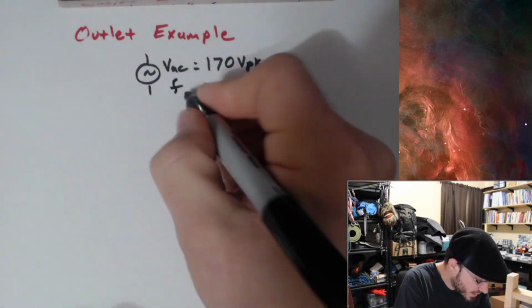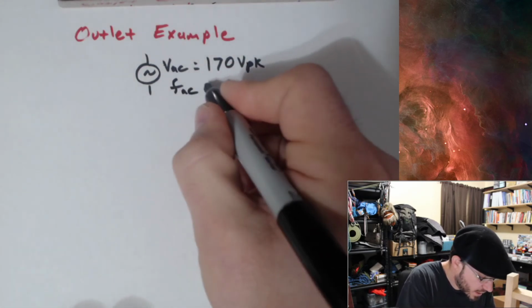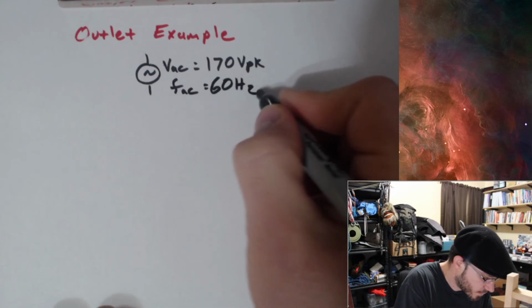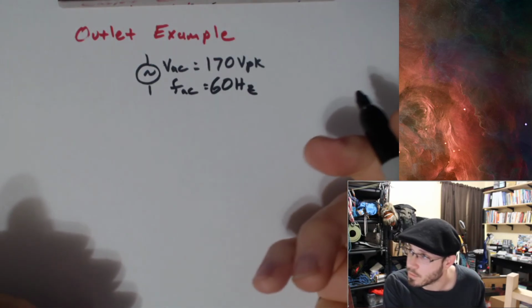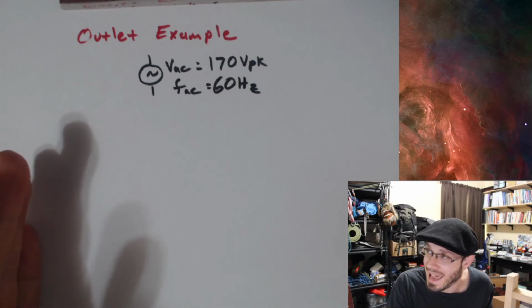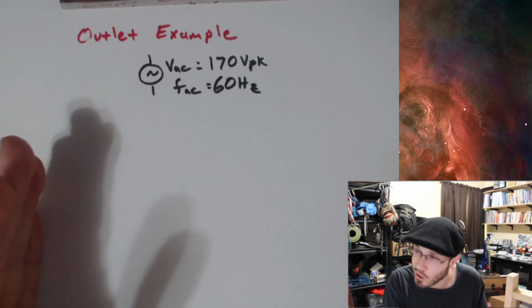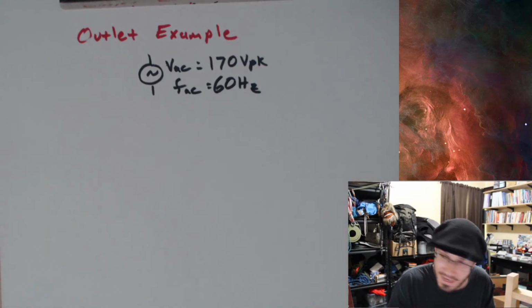And the frequency of this AC voltage is 60 hertz, or 60 cycles per second. So if 1 second has elapsed, I expect to see 60 cycles has occurred within that 1 second.